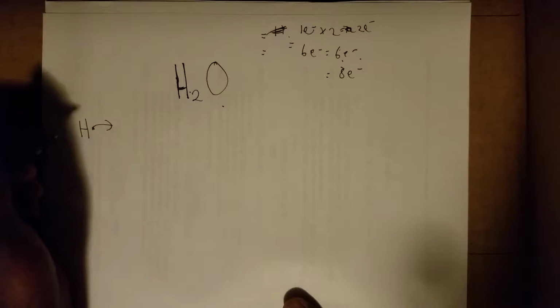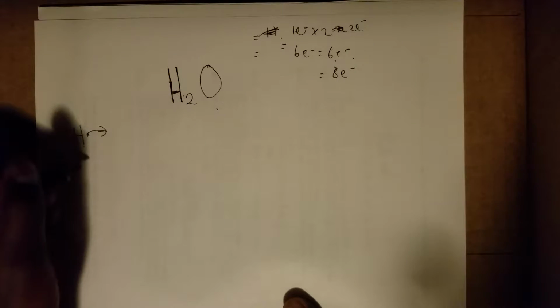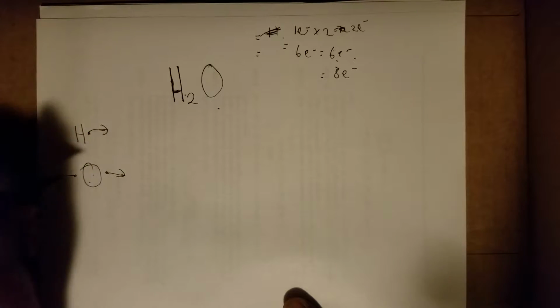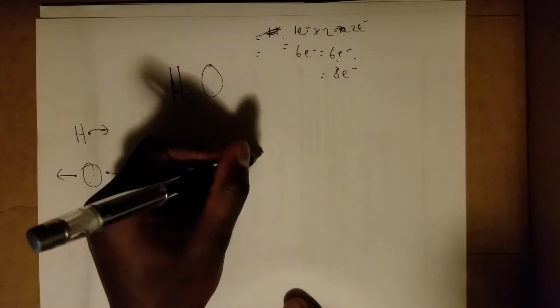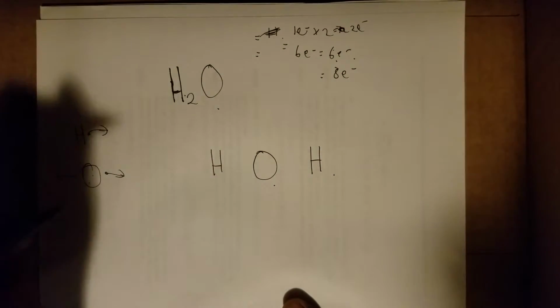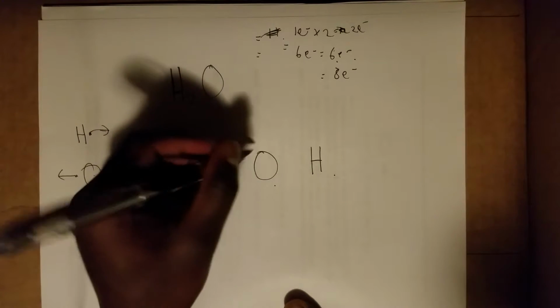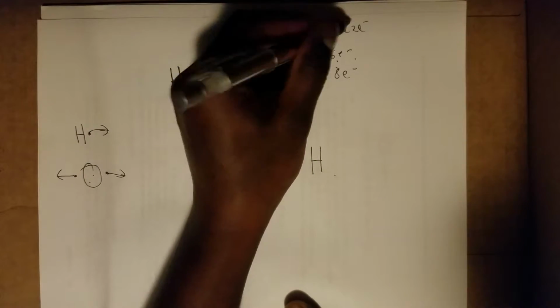Oxygen, on the other hand, will have both sides, so oxygen goes in the middle. You write oxygen in the middle, and you write 2 hydrogens on the side. Then you try to find the octet, the bond between both of them. You have 8 in total, 6 and 2, 8. So you have 8 electrons to work with.